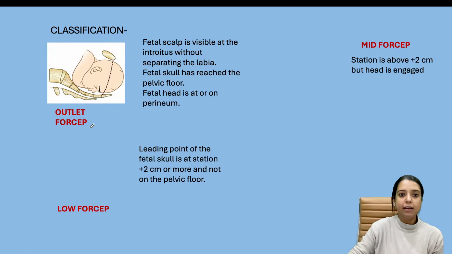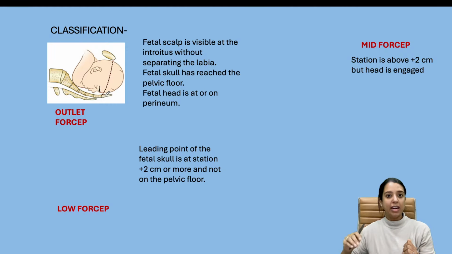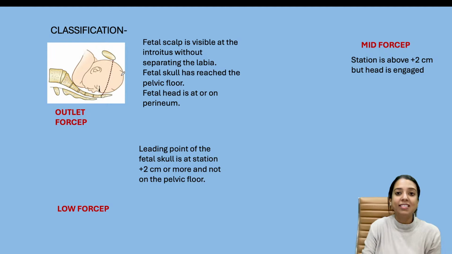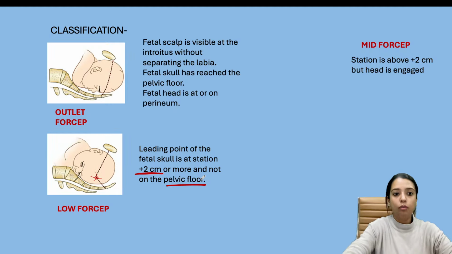So when you are applying forceps at the outlet, baby is just at the perineum, you need a small forceps and you need a small force. So for that you need an outlet forceps. When the head is just at the perineum, you can see the head without separating the labia. When the head is below +2 station but above the pelvic floor, it is low forceps.